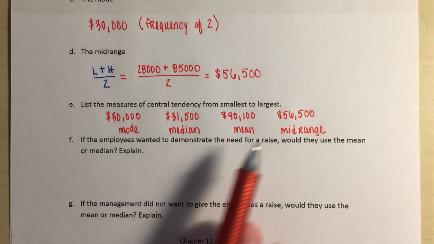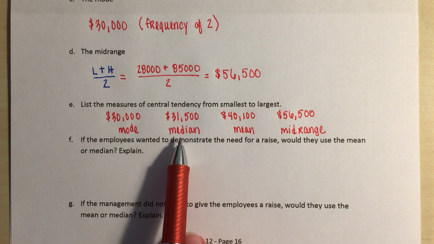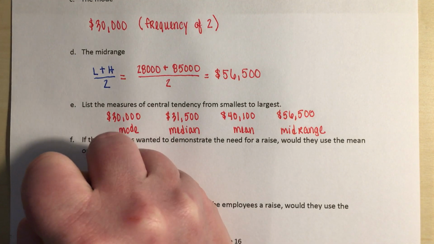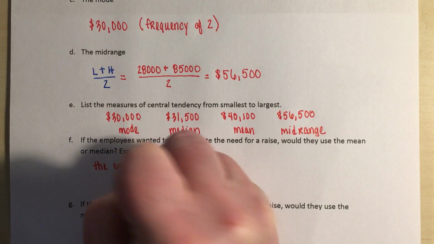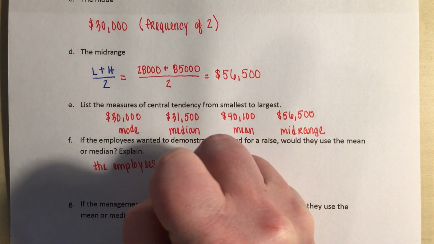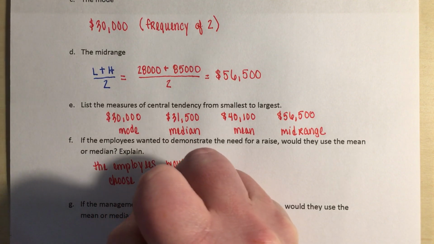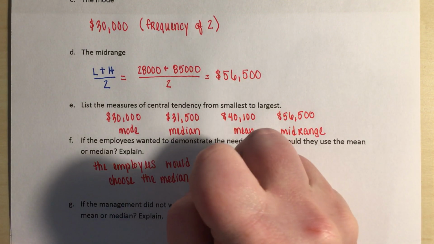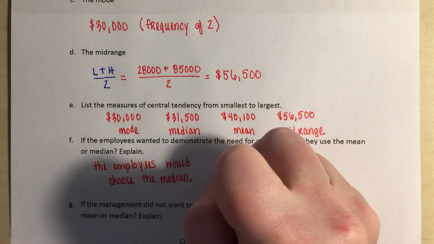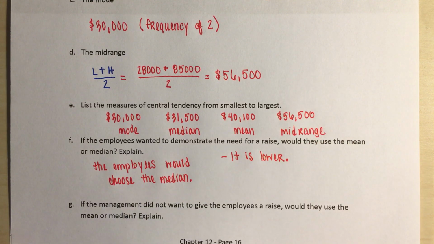Right? So if we compare our mean and our median, from the employee standpoint, if they wanted a raise, then they would argue that their average salary is lower. So the employees would choose the median. They would choose the median because if they were arguing for a raise, it is the lower value. Right? And it is more representative of the data set.